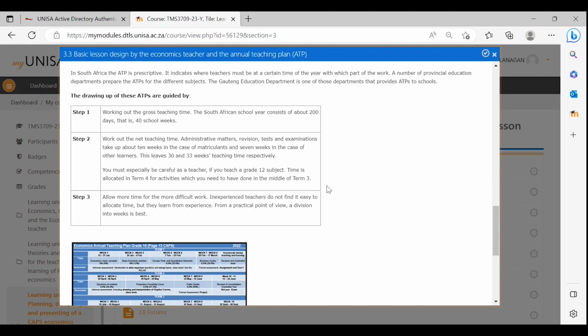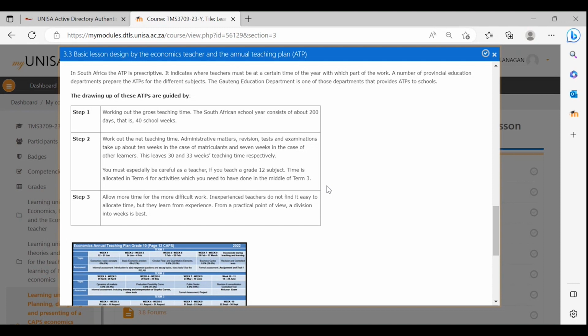If you get to a school and you have to teach grade 12, whatever subject, both the CAPS document and the ATP make provision for teaching of grade 12 still to happen in term 4. But in reality, that does not happen.